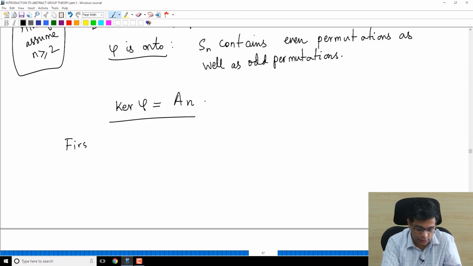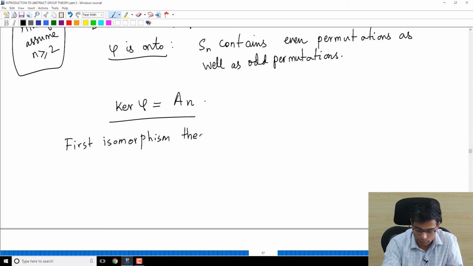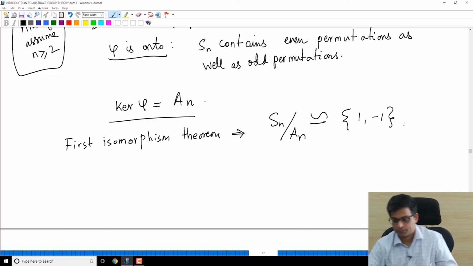Now the first isomorphism theorem says Sn modulo An is isomorphic to 1 and minus 1.